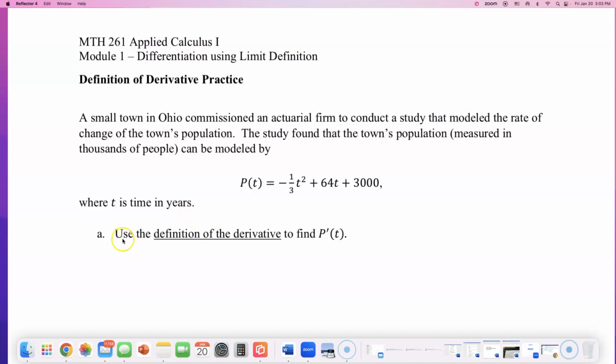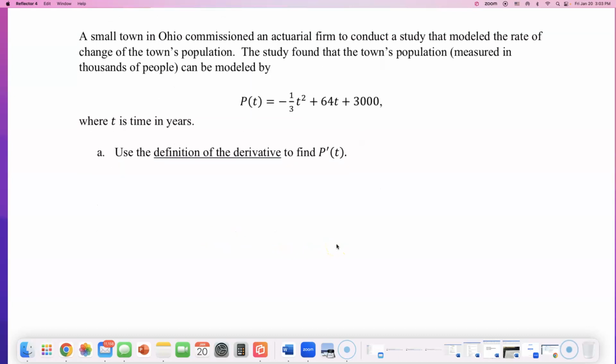So part A is asking us to use the definition of the derivative to find P prime of t. All right, write down that definition here. P prime of t is the limit as h approaches 0 of P of t plus h minus P of t, all over h.